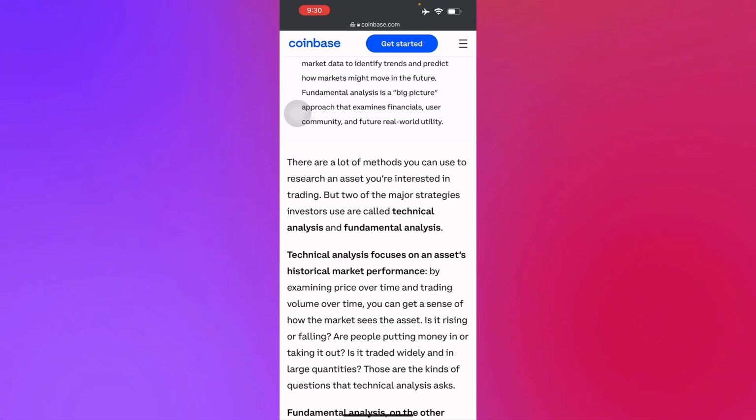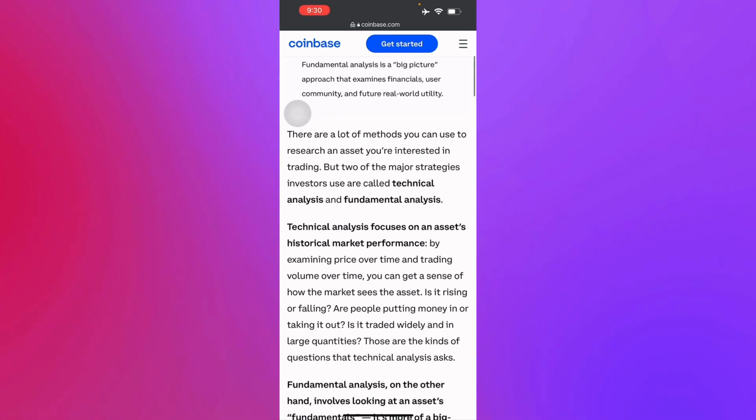Technical analysis focuses on the asset's historical market performance by examining price over time and trading volume over time. So you're looking at its past to predict its future, basically. Is it rising or falling? Are people putting money in or taking it out? Is it traded widely and in large quantities?